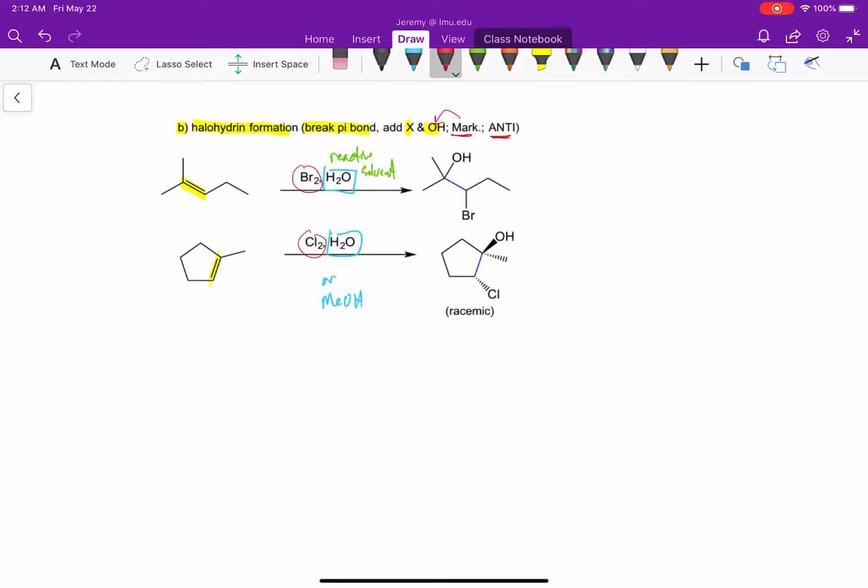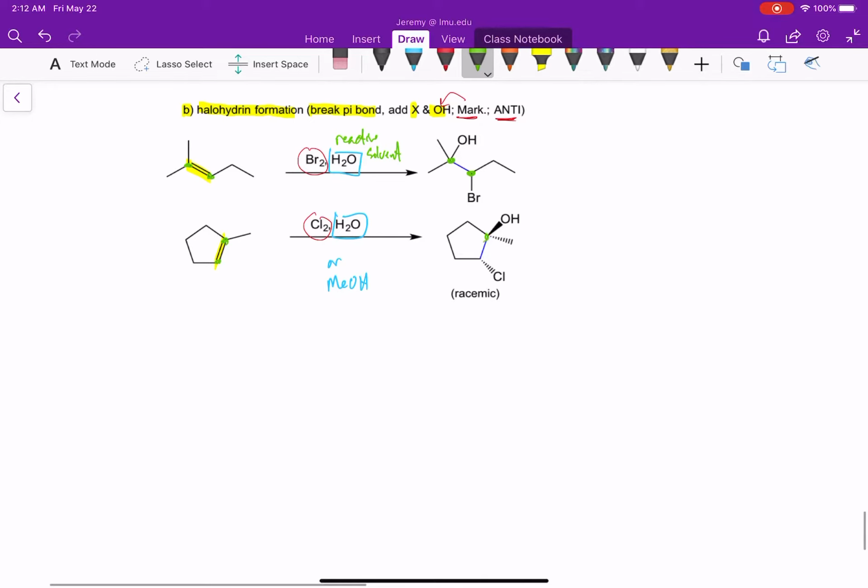So if you look at our products here, we have two carbons here and here. So we're going to be adding the OH to the Markovnikov position, the bromine to the other side. Same in the bottom example, OH now on the top and the halogen on the bottom.